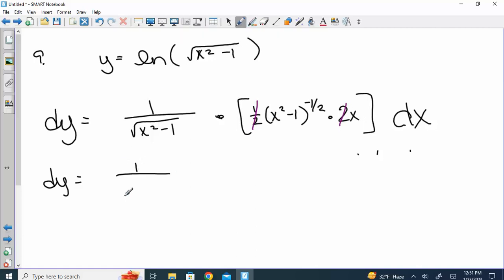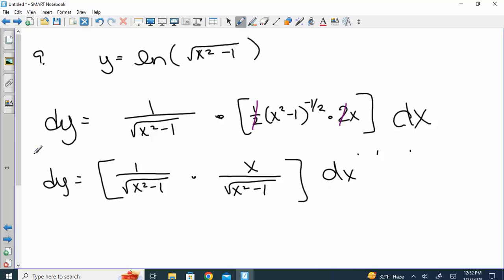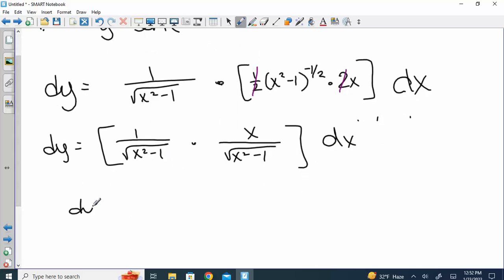We have 1 over this. What would a negative 1/2 power do? Bring the square root to the bottom. And just have an x left. So these you could even multiply together and drop the square root, so it'd be x over x squared minus 1 dx. Much prettier that way if we had just a slightly simpler function in the inside.